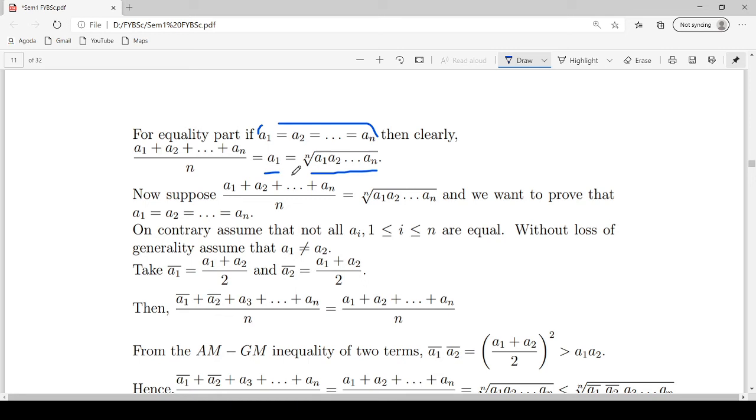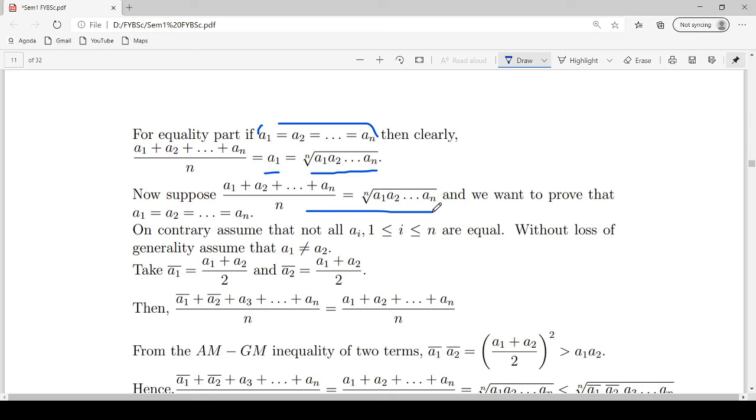Now we will assume that the arithmetic mean is equal to the geometric mean, and we will prove that all these positive real numbers a1, a2, an are equal to each other. So we have assumed (a1 + a2 + an) upon n is equal to the nth root of the product a1, a2, an.